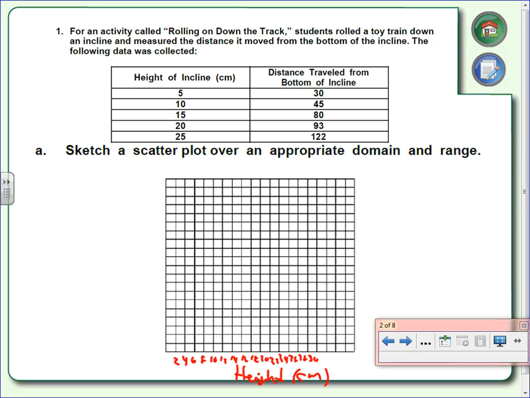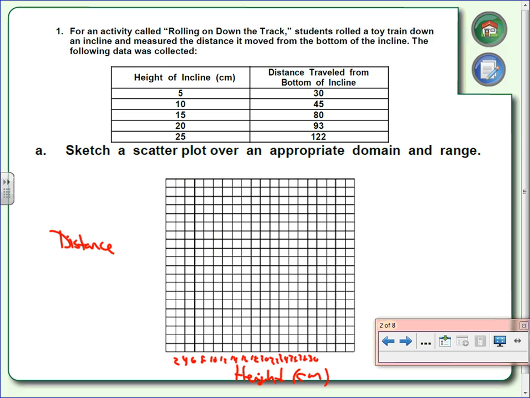For the y's, a little different here. Notice that the y values, this time they represent the distance. So out to the side, I'm going to put down that they represent the distance. However, notice we've got to get all the way up to 122. And if I count by twos, I'm not going to make it this time. So we've got to count by something a little bit bigger here. Tens. Will that work? If I count by tens, will I make it all the way up to 122 or past it?